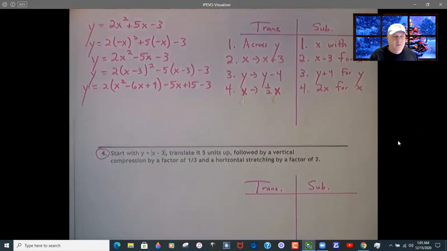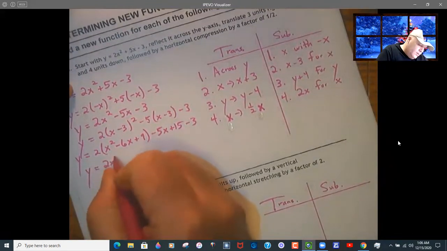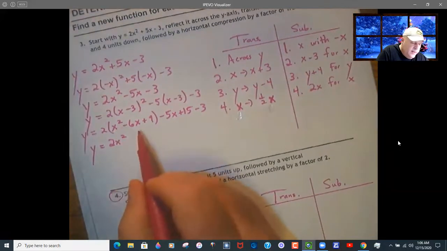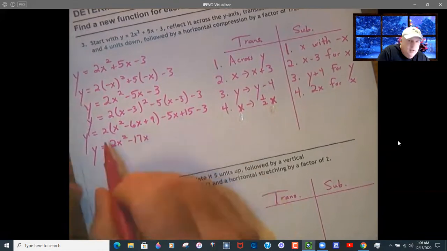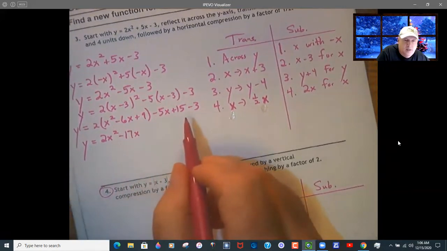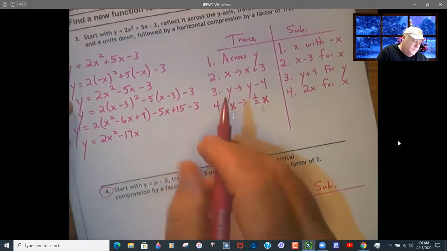So you can see how this is an incredible dose of algebra steps here. So minus 12x minus 5x is minus 17x. 18 plus 15, 33 minus 7.